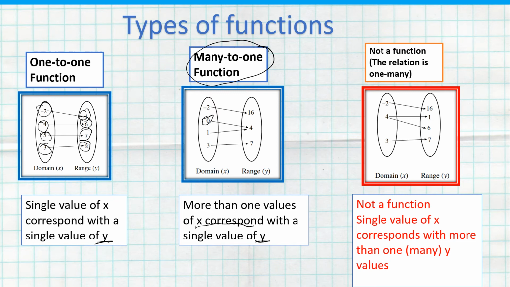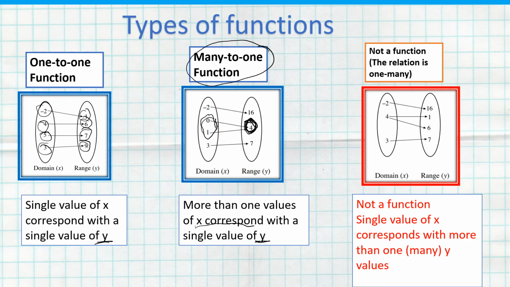When you put 0, you get 4. When you put 1, you also get 4 as your y, right? You can see that more than one value of x corresponds to a single value of y. So we call it a many-to-one function. So these are just the two types of functions that we have.